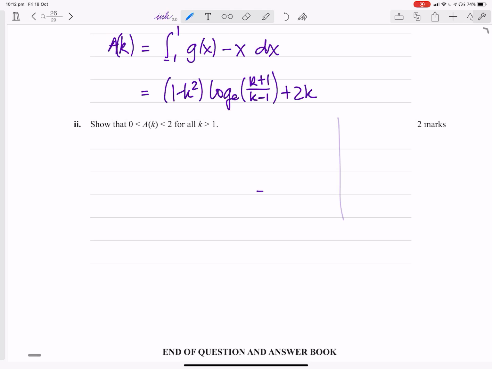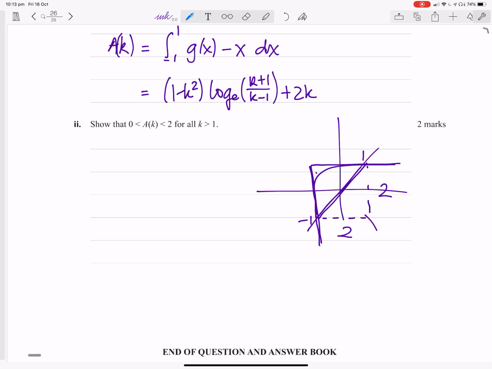Basically what I'm saying is, if you sketch that graph, and if you sketch the other graph, as k is really small, this basically becomes like a square. We know there is negative 1, and there is 1, and if we were to draw a square, that would be 2 by 2. So the square area is 4, therefore the triangle is 2.